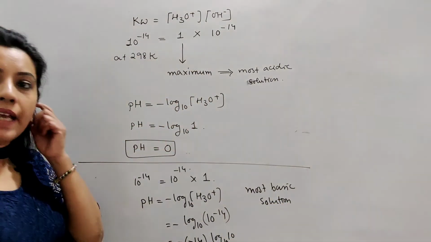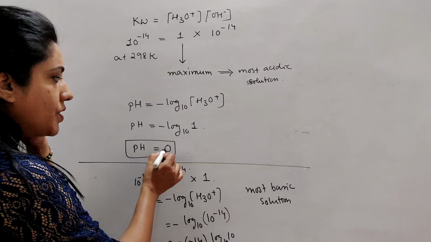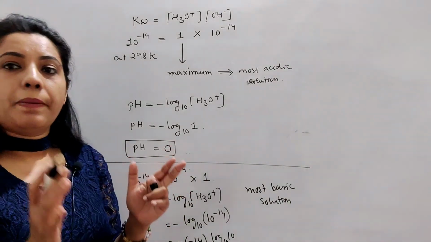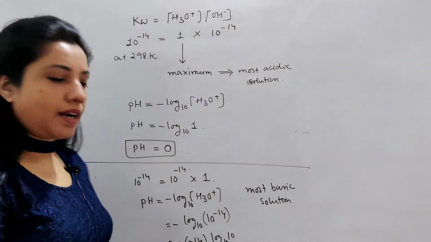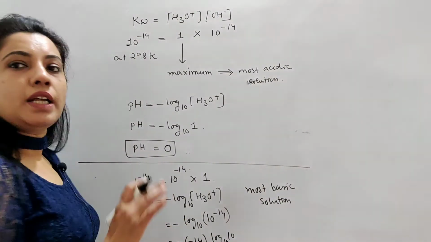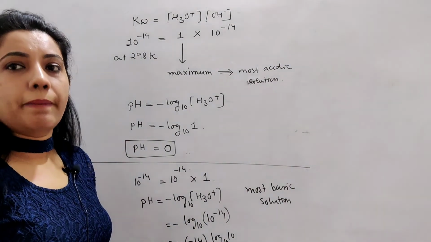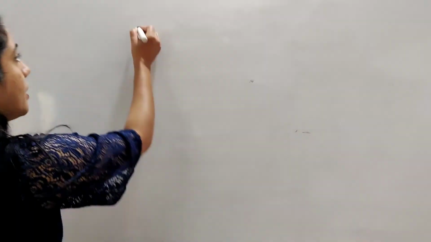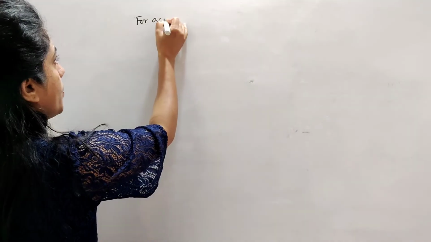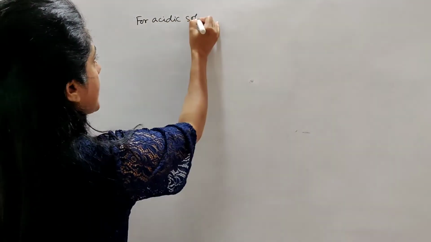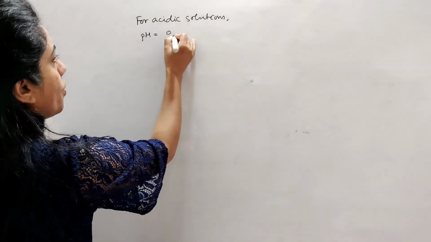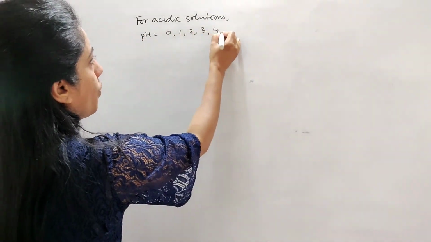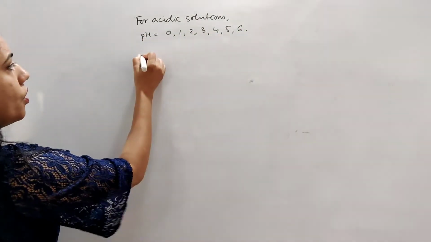So we have the pH scale which ranges from 0 to 14. When the pH value is 0, then we are talking about the most acidic condition. When pH value comes 14, that means we are talking about the most basic conditions. Okay, so from here we can conclude that for acidic solutions, the pH could be 0, 1, 2, 3, 4, 5, 6.